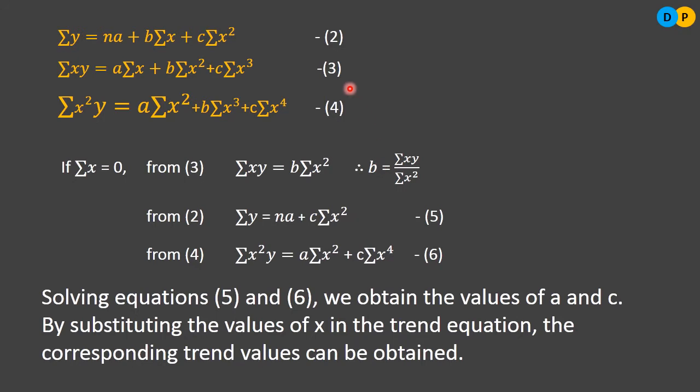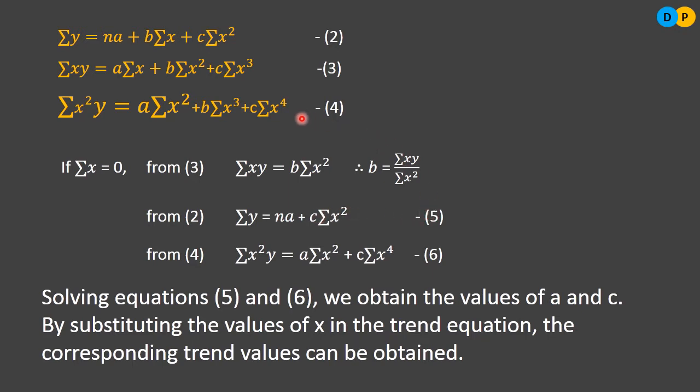Next, again considering summation x is equal to 0, the first equation and the third equation will take this form. Please notice the first equation. Here summation x will become 0, so the complete term will become 0. So we are left with summation y is equal to na plus c summation x square. Let us refer to this equation as 5.